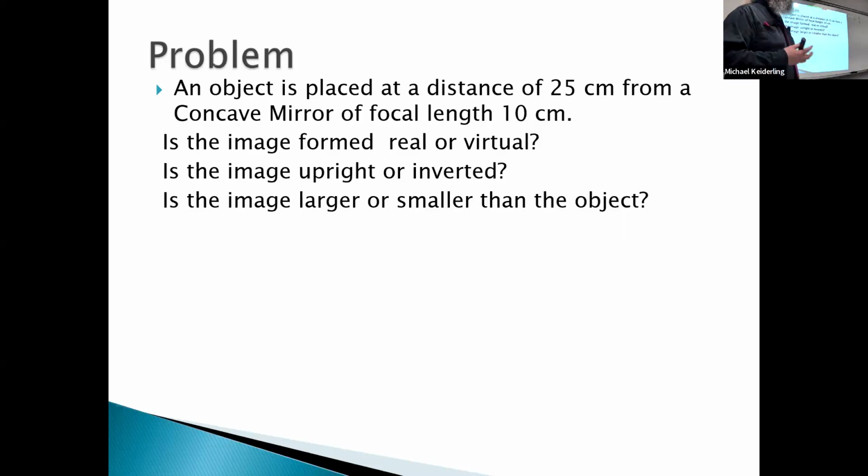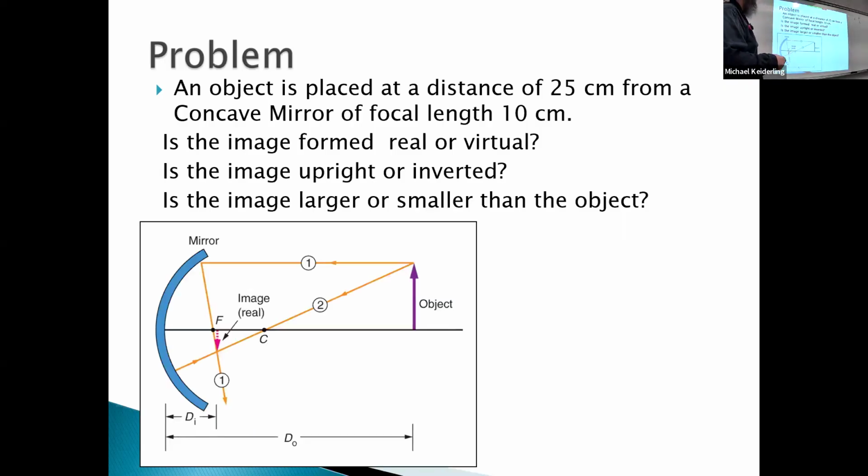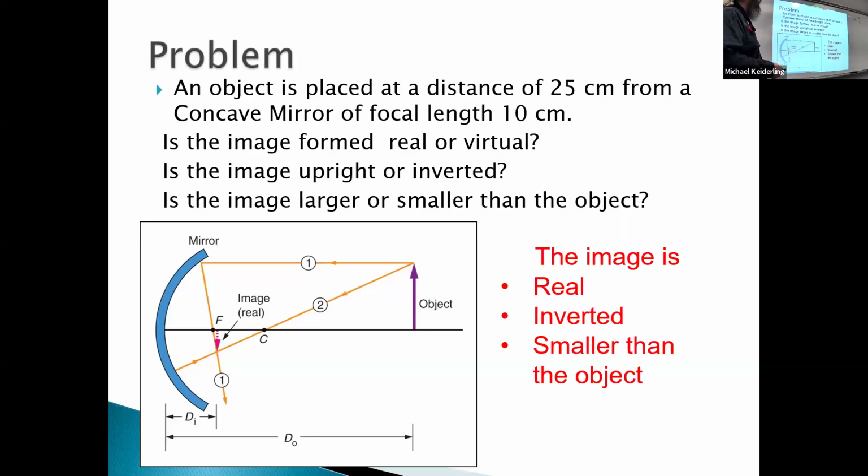So we're beyond the focal point, we're beyond the center of curvature. We're beyond the focal point, so the image is going to be real and inverted. And we're beyond the center of curvature, so the image will be smaller than the object. So the image is real, inverted, and smaller than the object.